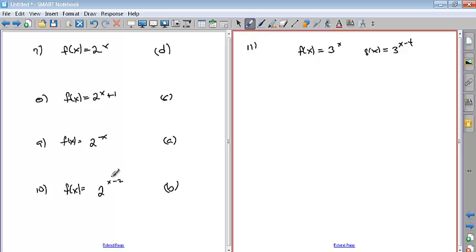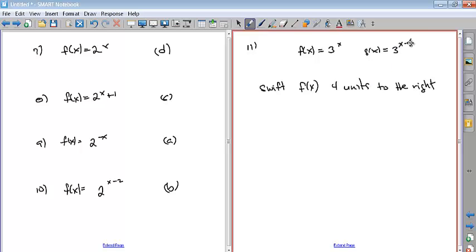And if you look back to the previous problem 10, you can see that the x translation is associated with if there's anything added or subtracted. So this would be shift f of x 4 units to the right, because the same rules apply in the exponential functions as they do in any other function.